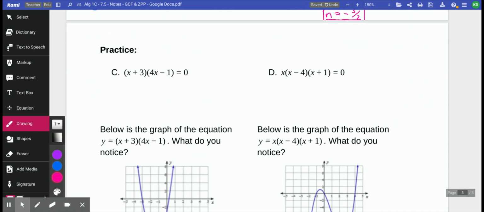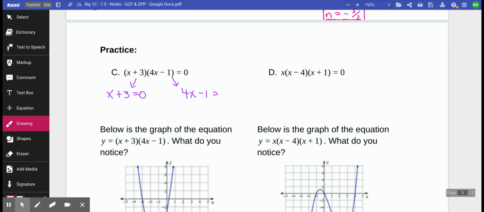So let's go to C, which says x plus 3 times 4x minus 1 equals 0. So remember, we have it factored, so we're going to set both sets of parentheses, both sets of factors, equal to 0. And we're going to solve these two equations.